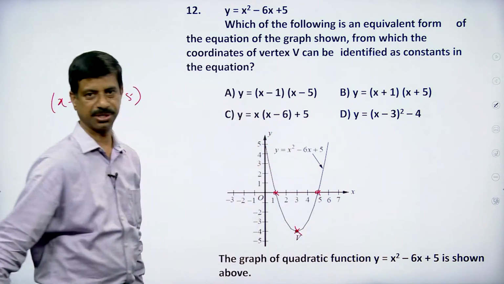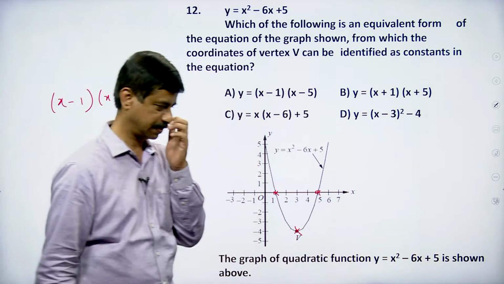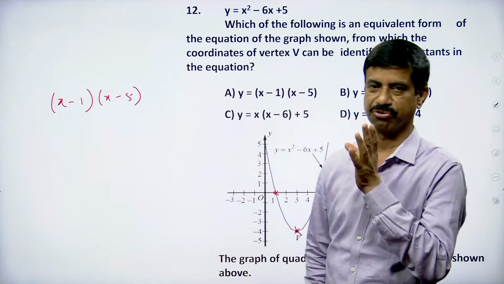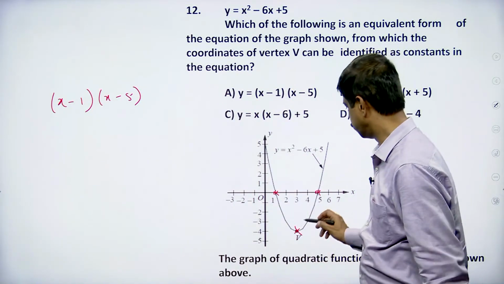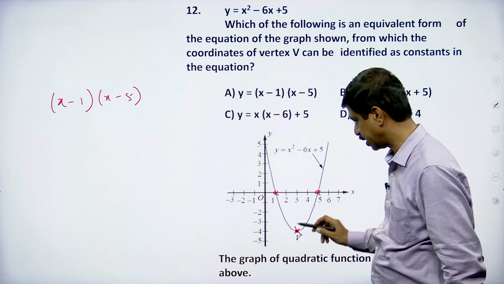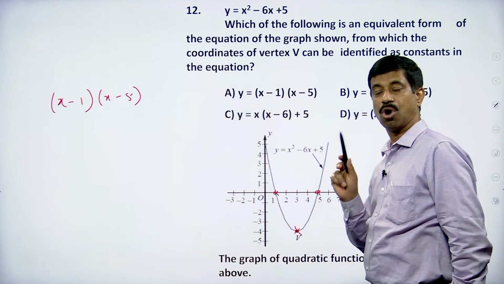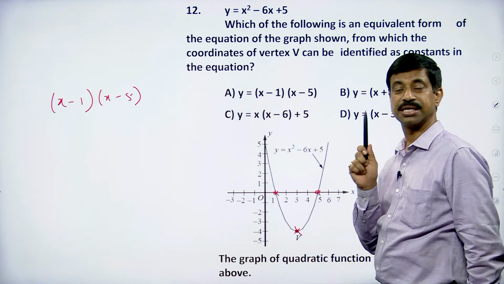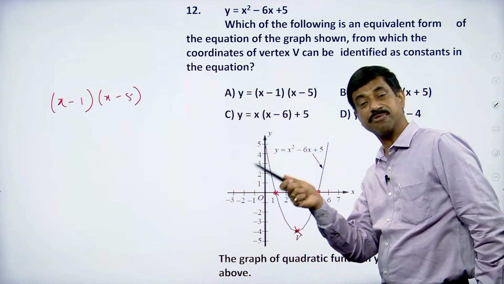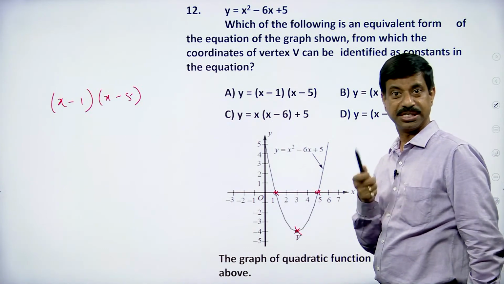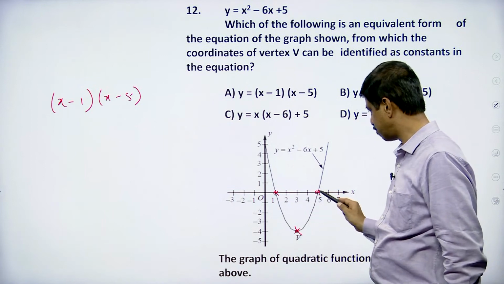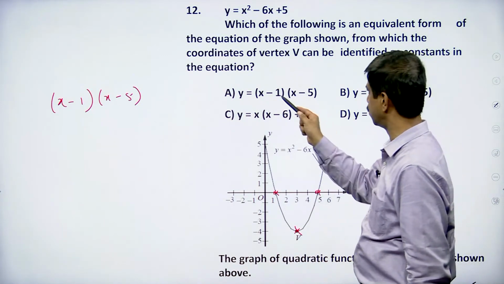Okay, right children. Now let us discuss the question. We have not read that question fully or correctly. See, to find out this point, I need to always write that in completion of square form. Then only it's easy. See, you may get these values of x where it cuts x-axis by solving this.